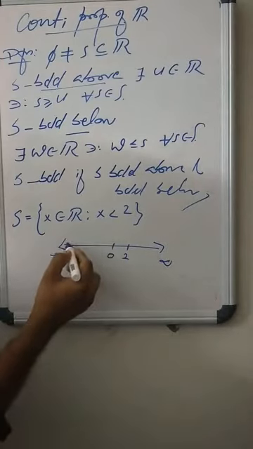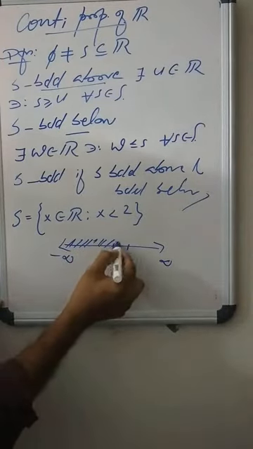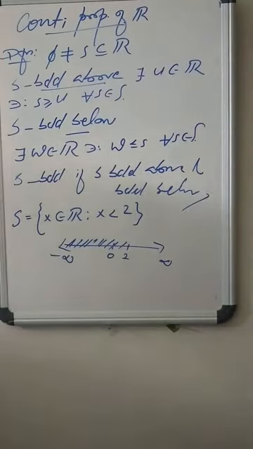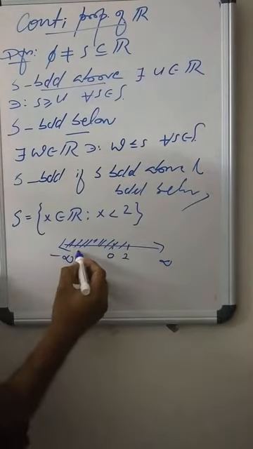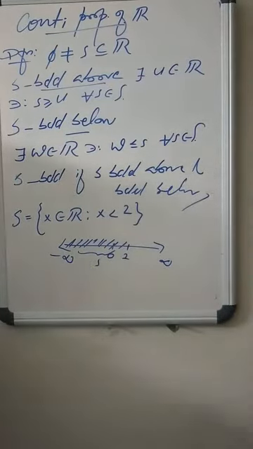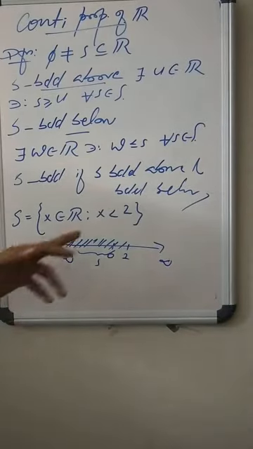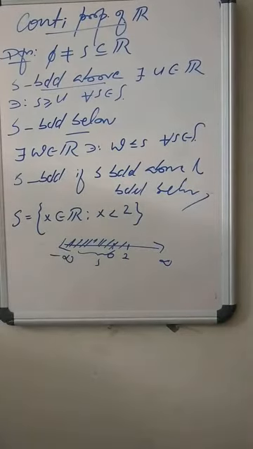So x less than 2 is the graphical representation of the set S. If we take any element in S, it should be less than 2.